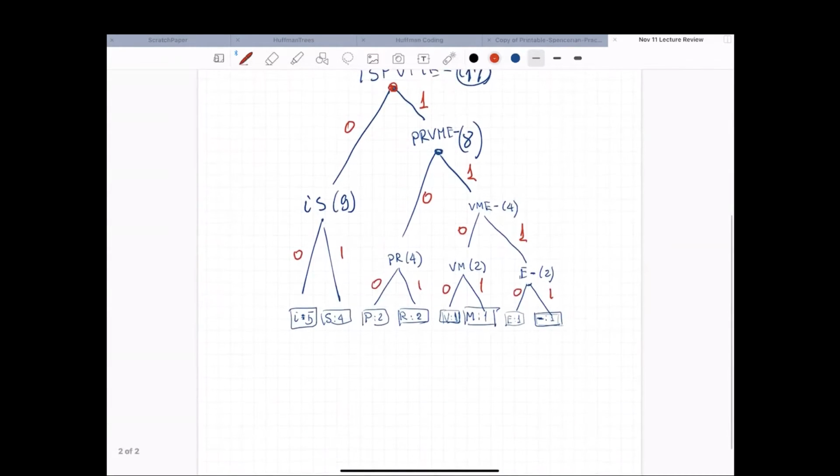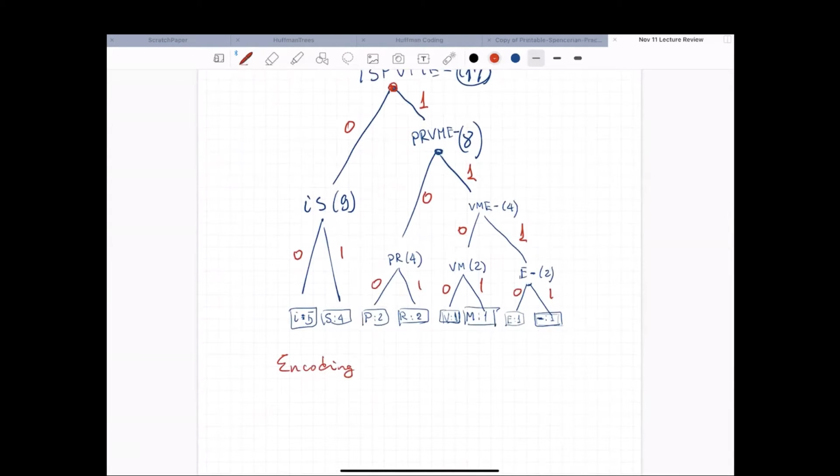And now the encoding for any letter is the sequence of bits that you see when you follow the path from the root down to that leaf node. So that's why all the characters were leaves. There is a single unique path in any tree from the root down to that node.